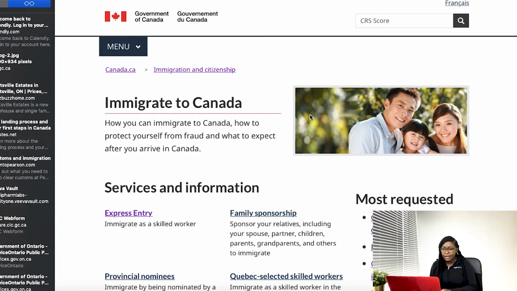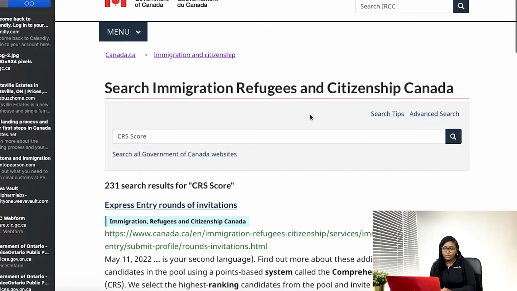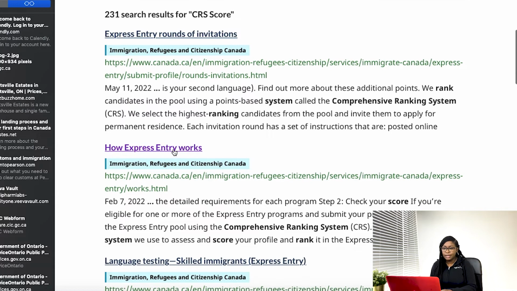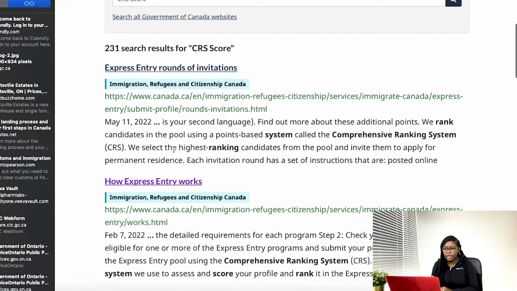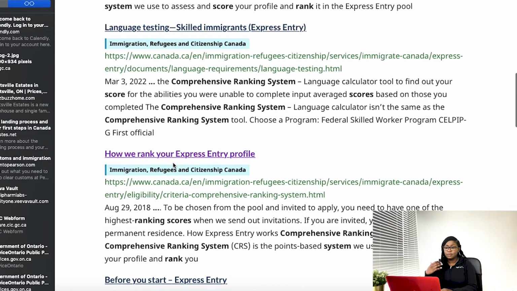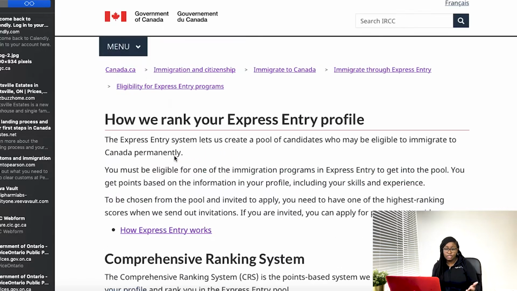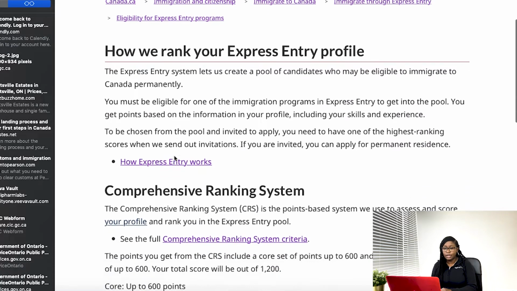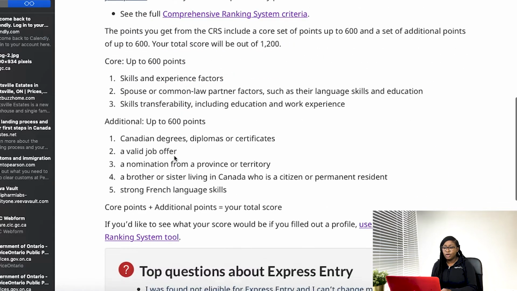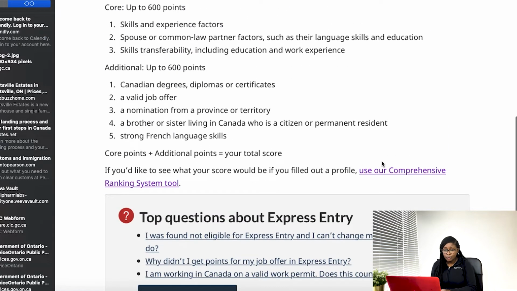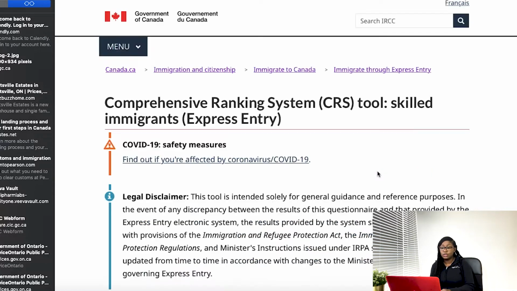My internet is clearly taking a little while today. And this is how Express Entry works, and I believe it's how we rank your Express Entry profile. It explains the whole system, which is the Comprehensive Ranking System, your CRS score that I explained before. Now we are going to go to the bottom and use the Comprehensive Ranking System tool.